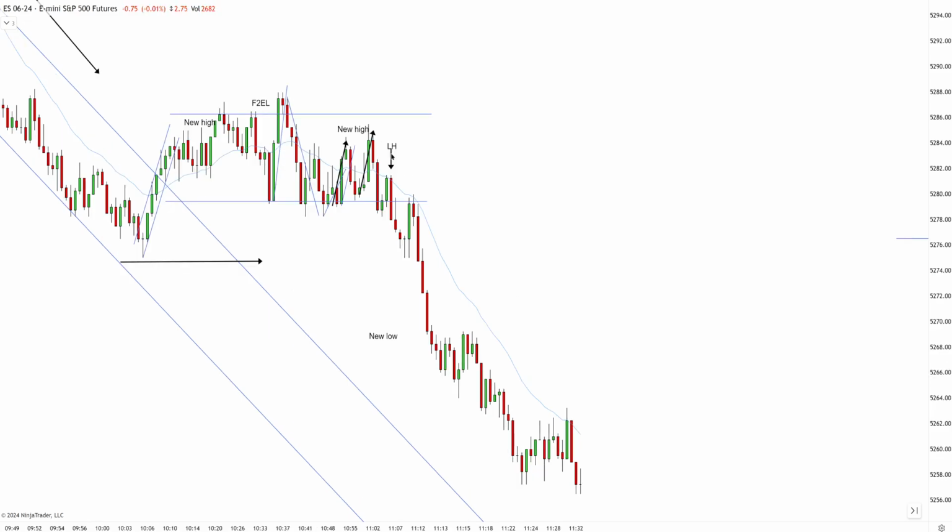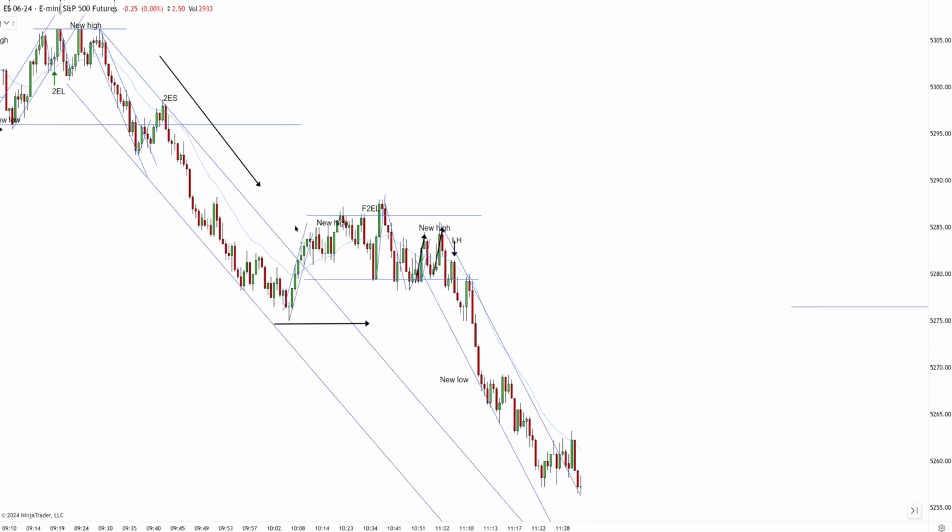Now the market continued to trend lower, and I don't really like selling here. First entry short, second entry short, possible double trap, but you have to use a double bar entry, and the context is not good, because if I zoom back, we have one leg down, break, second leg down.